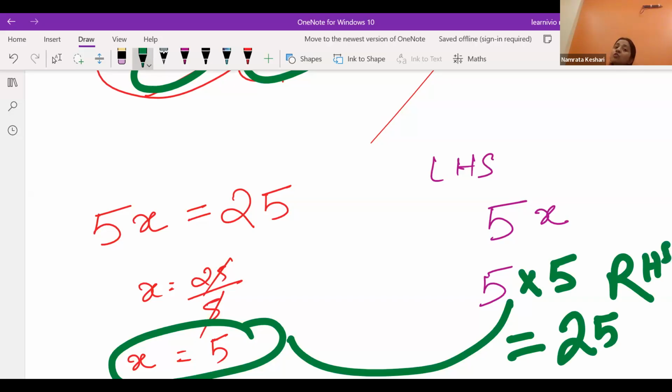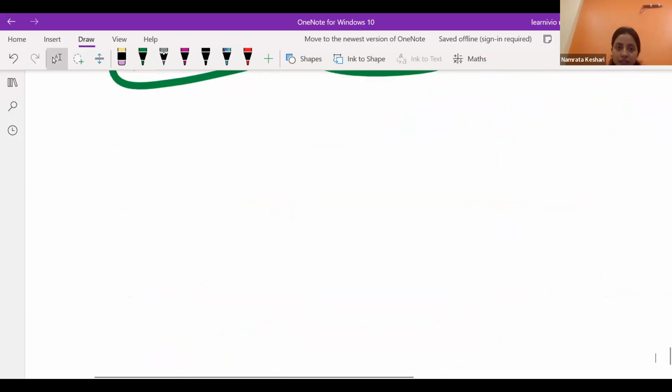Okay, so when you were solving the equation in the previous class, you were trying to search for that particular x value which will make the left hand side and right hand side equal, right? And that's called the solution, right? Yes, ma'am.